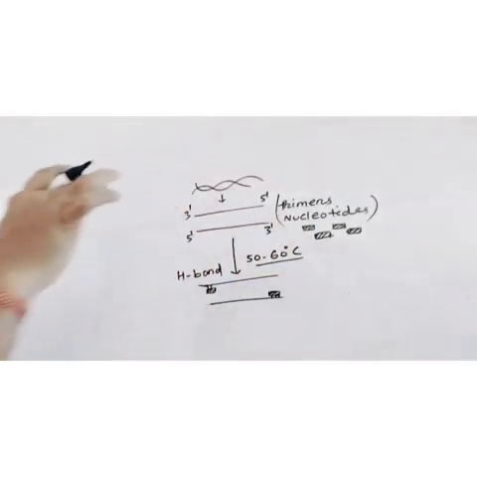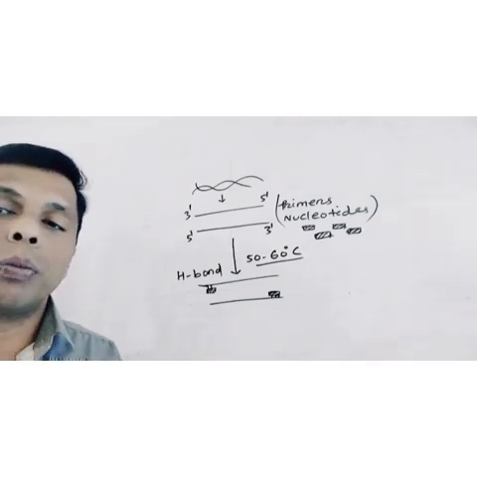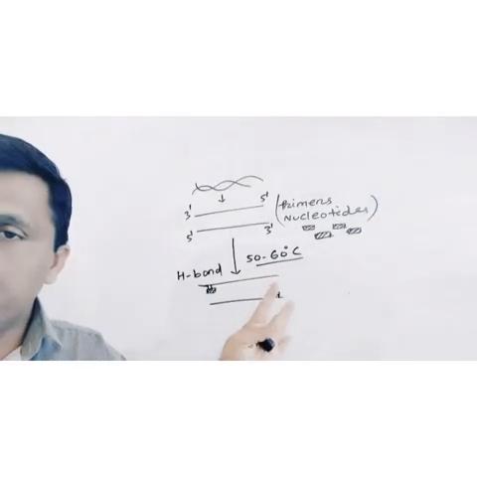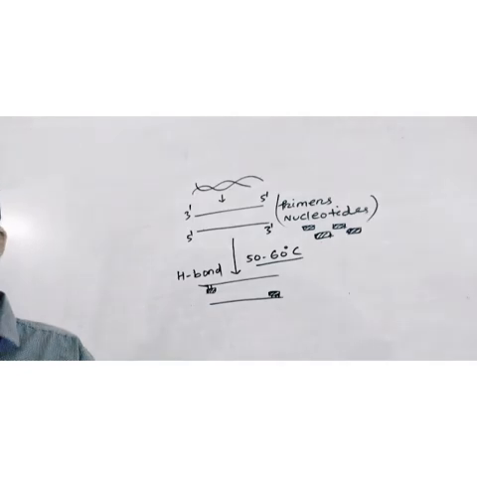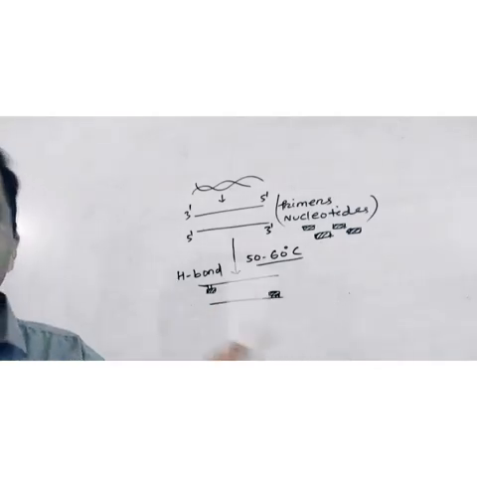At 96 degrees Celsius, no hydrogen bond can be formed. Here, due to formation of hydrogen bonds, the primers get annealed. The annealing temperature varies. Maybe it is 70 degrees Celsius, but the ideal temperature is 50 to 60.